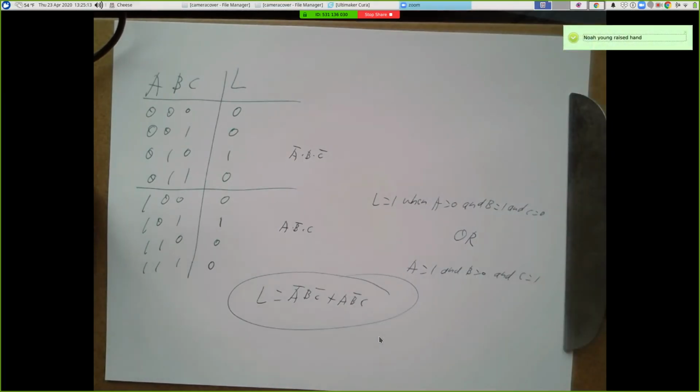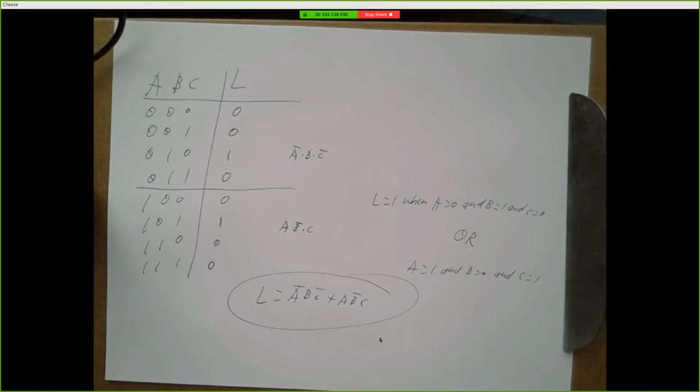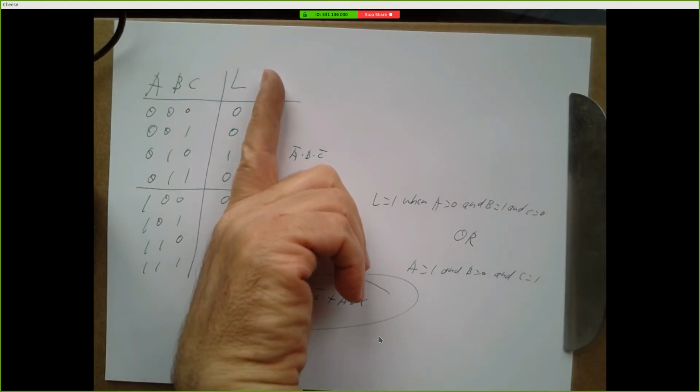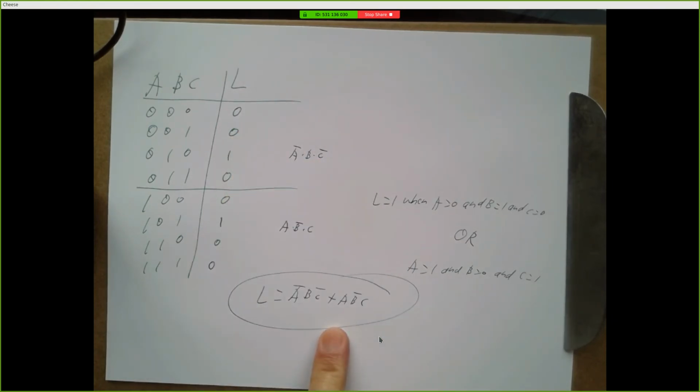So let's go on to circuit design. So suppose we're doing this. We've got a task to build a circuit that unlocks with these two particular combinations of inputs. We've drawn the system diagram to show A, B, C, and L. We've drawn the truth table, and now we've written an equation. The next step is to build a circuit.